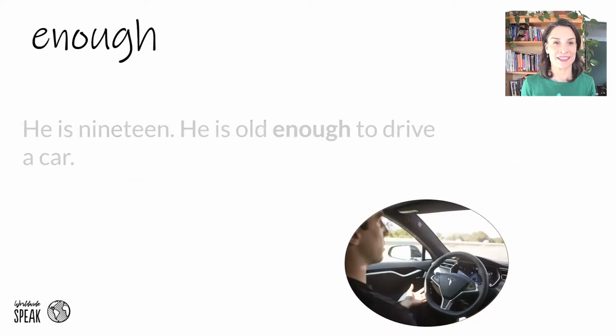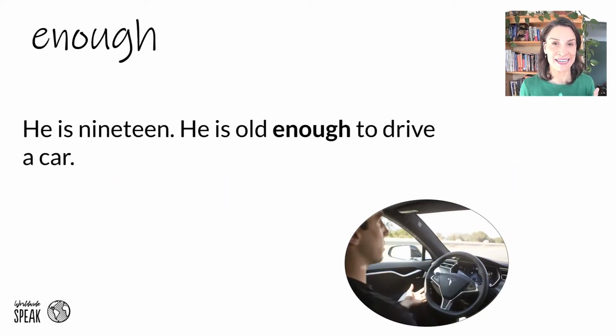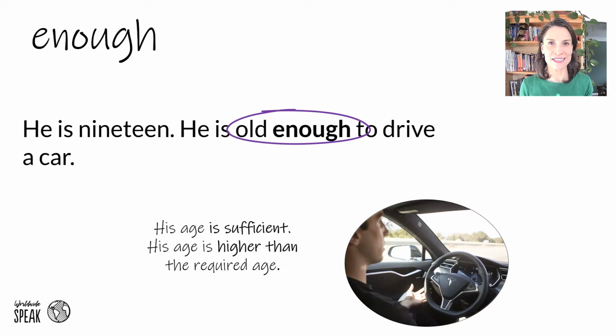Now, this boy, he is 19. He is old enough to drive a car. So his age is sufficient. It's higher than the age that's required. You need to be 16 in the United States. So he is old enough. So the word enough is something sufficient, or like in my first example, not sufficient.